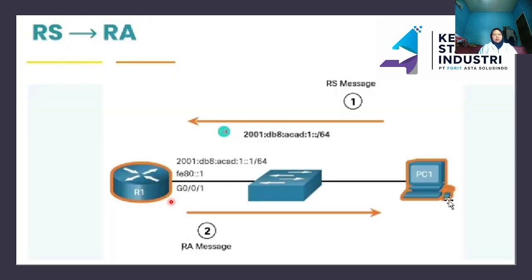For example, PC1 sends an RS message. It asks the router for information, and then the router replies with an RA message. So RS is used to request information, while RA is used to provide the information.